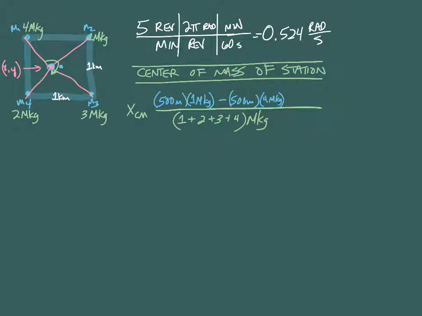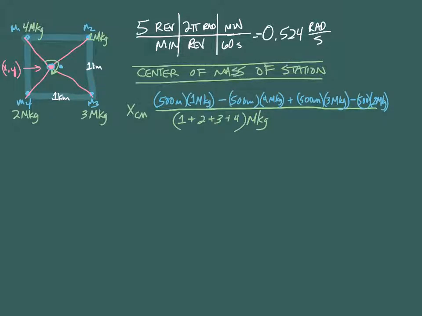So that's the top part. I have a difference across that, and then the bottom part will be a plus 500 meters, because it's over to the right as far as its position goes, and a 3 megakilogram, minus 500 meters times the 2 megakilograms.